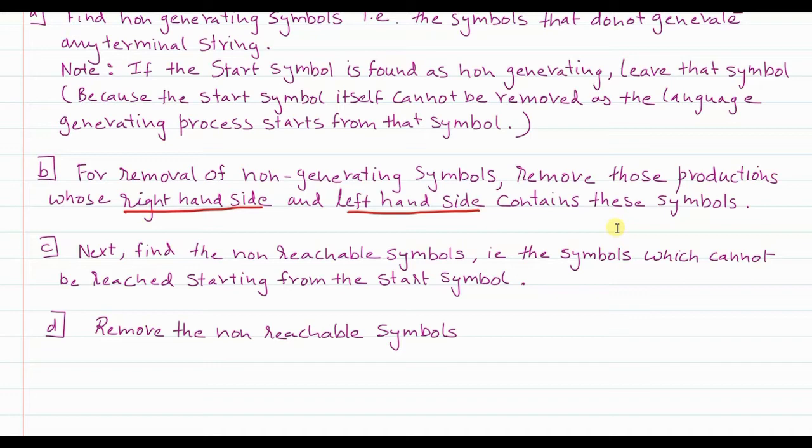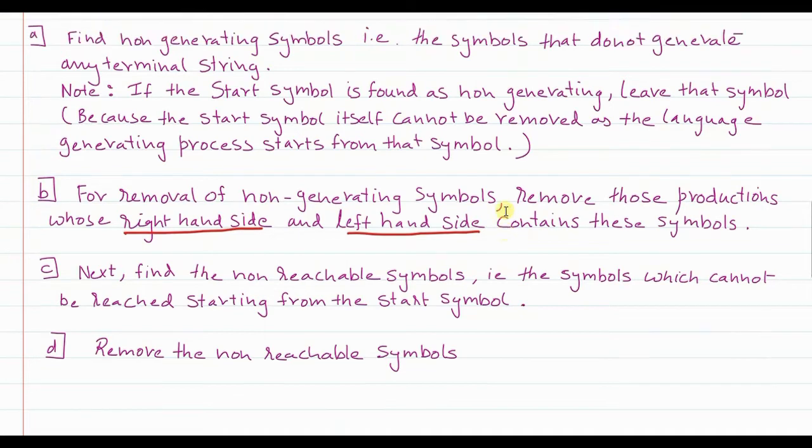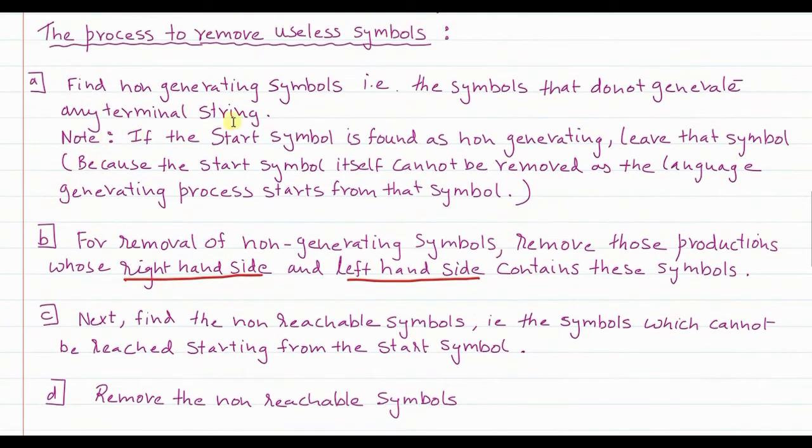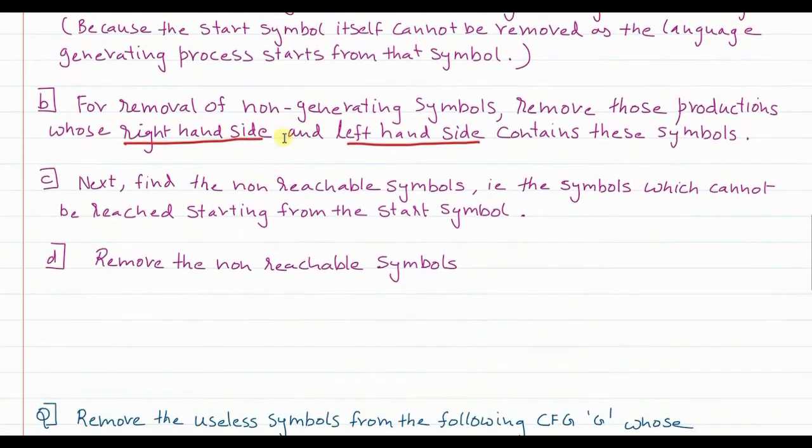Or if on the left hand side of the production there is a non-generating symbol, then remove that whole production. So the first step is finding the non-generating symbols. The second step is removing the productions containing the non-generating symbols.